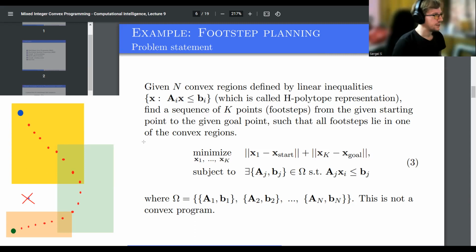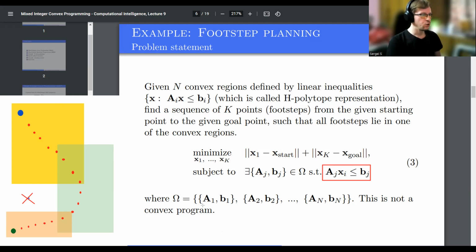How do you do that? You know how to check that this particular step, let's say we denote it as xi, is inside a particular region. So let's say inside the region number 1, it will be A times xi less than b. Okay, if this is an A b region. So if this is A1 b1, then it will be A1 times xi less than or equal to b1.